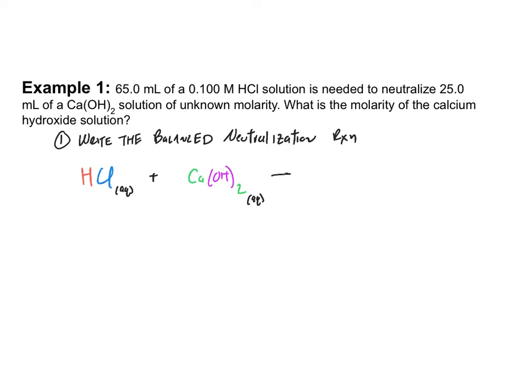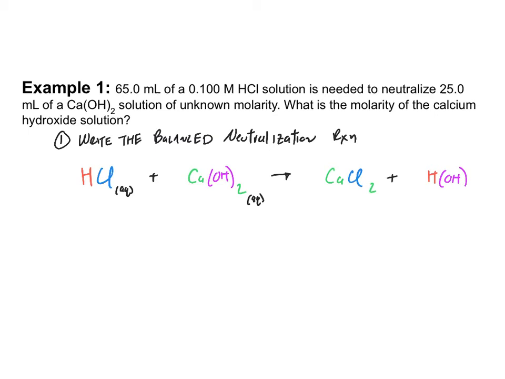And then I'm going to mix them, switch them around, and I'm going to get the calcium chloride as a product, and the water, which is the H, and I'm still going to write it as OH to kind of illustrate the point as to where all these things came from.